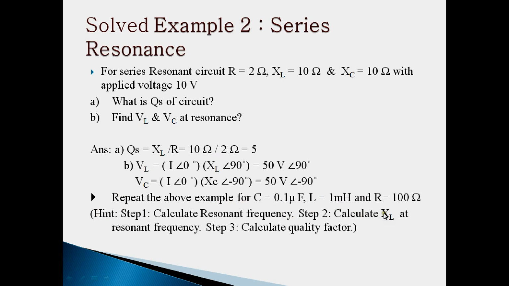Then calculate XL at resonance, XL is equal to 2 pi Fs into L. And last, calculate quality factor, which is equal to XL divided by R.